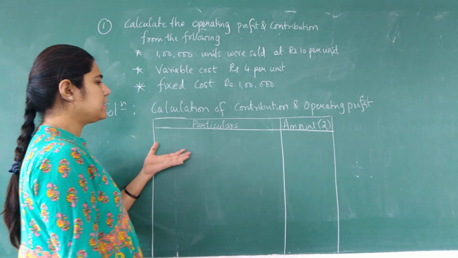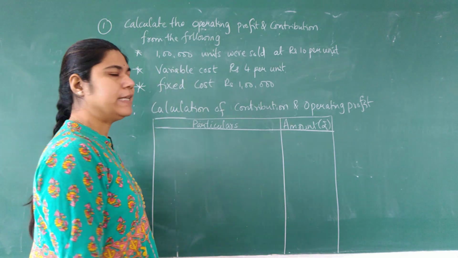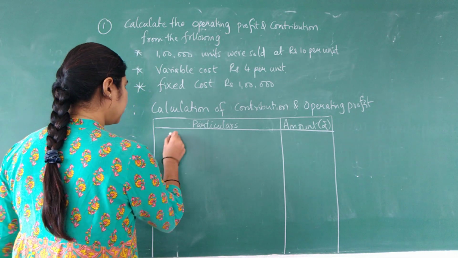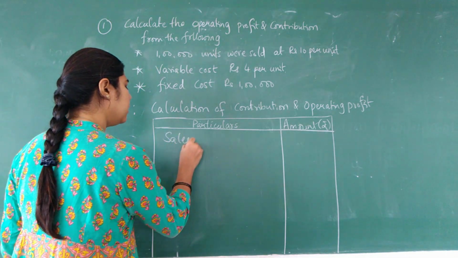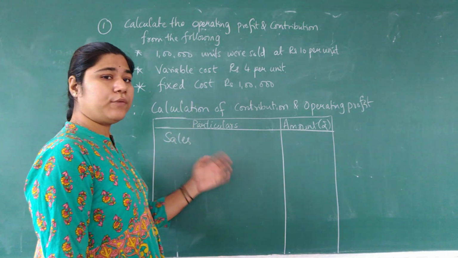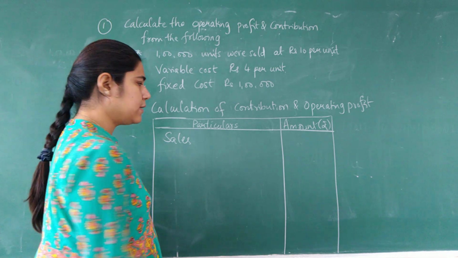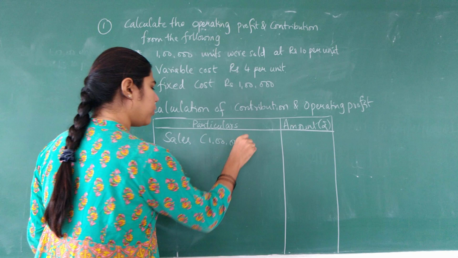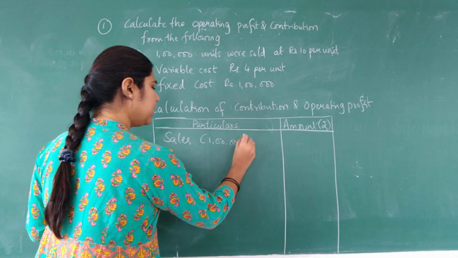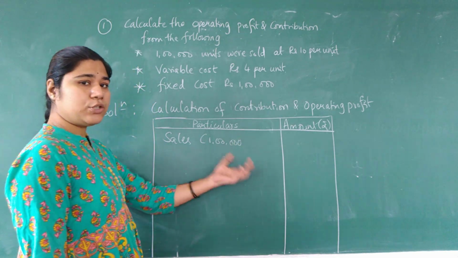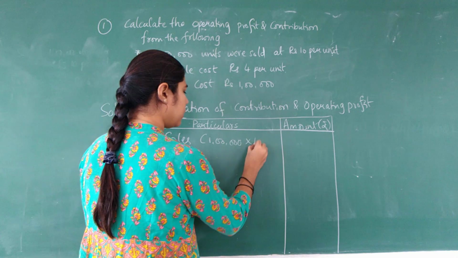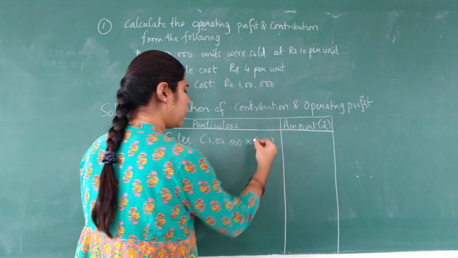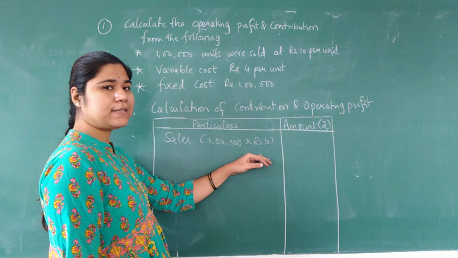Now let us start first with the sales. But the sales is not in rupees, right? So what will we do to get the rupees? There are 1 lakh units, and each unit is sold at rupees 10.